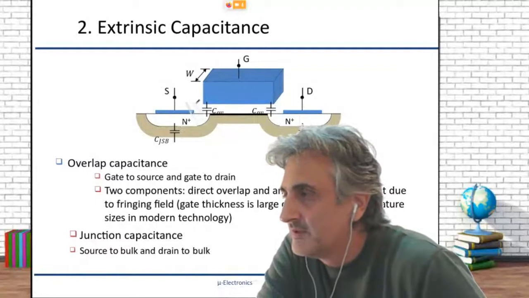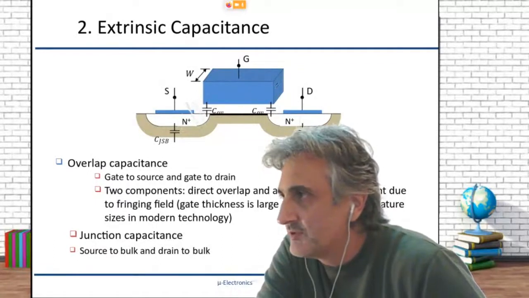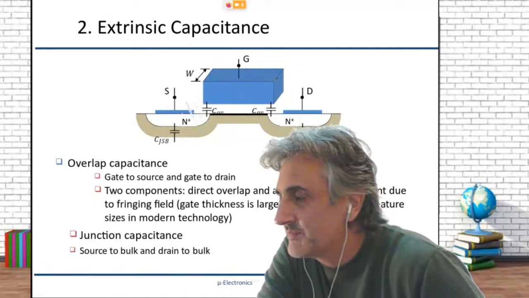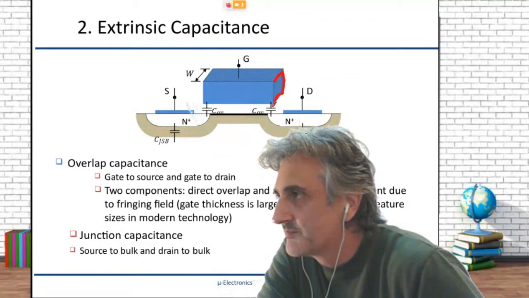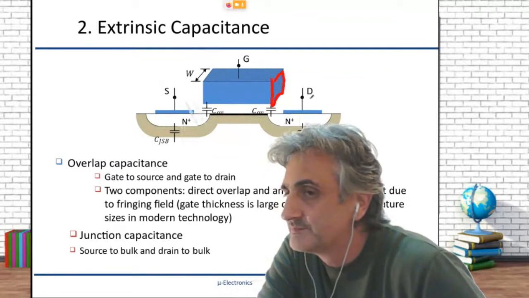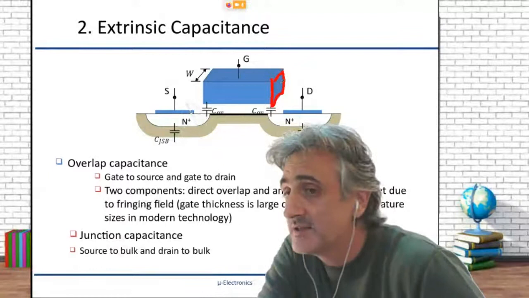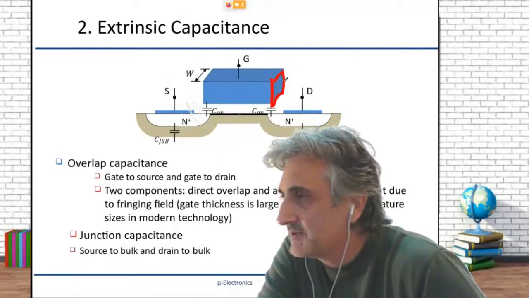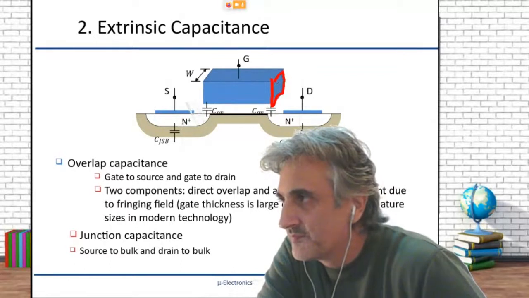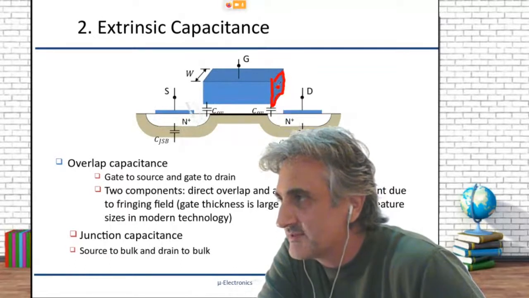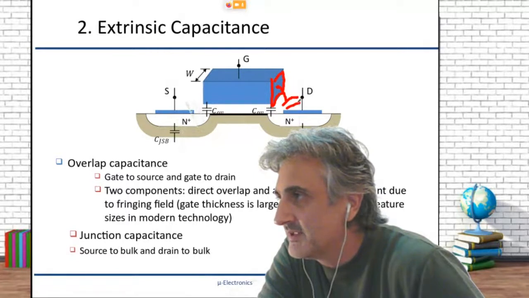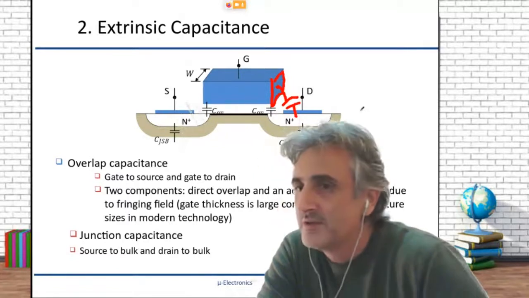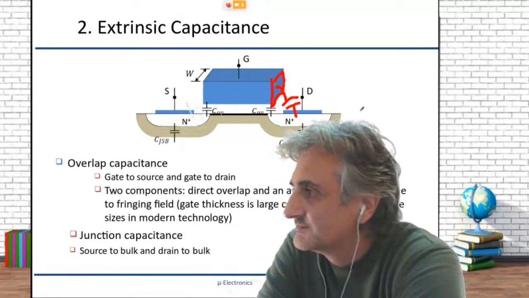But also notice that here we have this region, and it has a physical size that can be as much as 1 micron. Between this region and the drain and the source, we also have another capacitor.